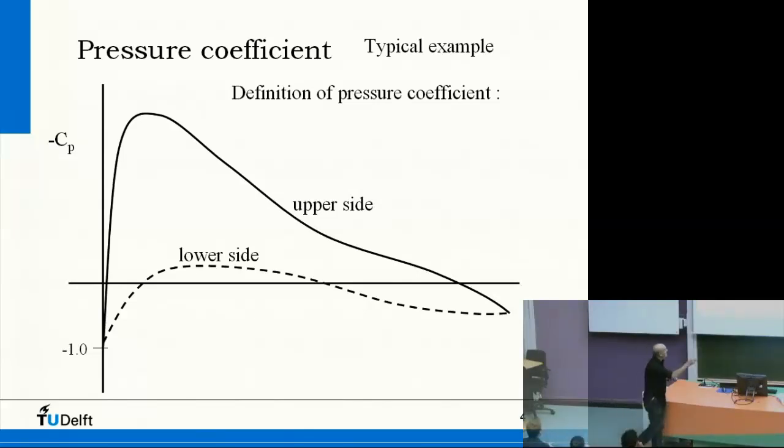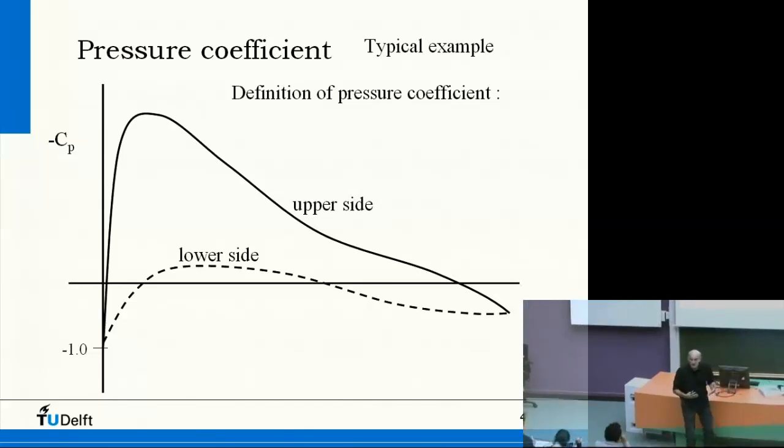This is the upper side, this is the lower side, because we have negative pressures here. In general, we say upper side of the airfoil, but also suction side, because of the low pressures there. And if this is the suction side, then of course this is the pressure side. Yes, okay.